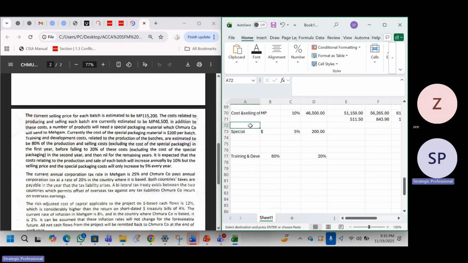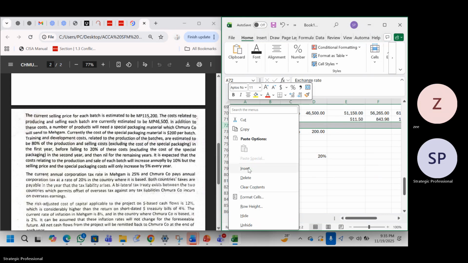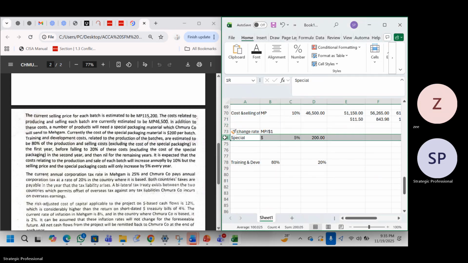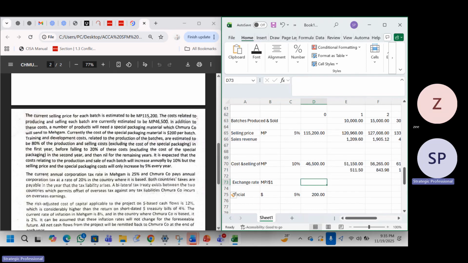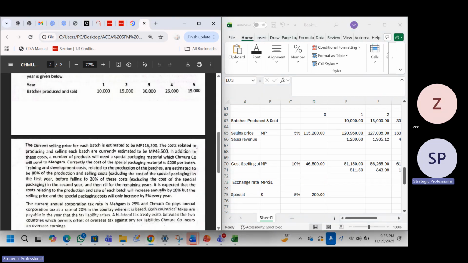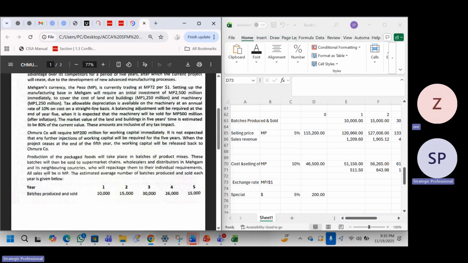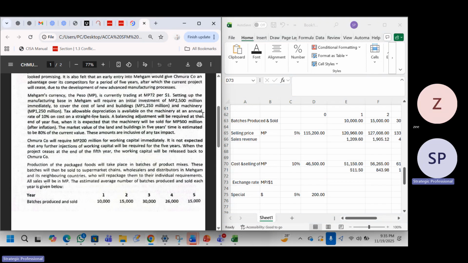Let me bring it here. That's year zero, so it's trading at year zero. It's trading at 72 now.